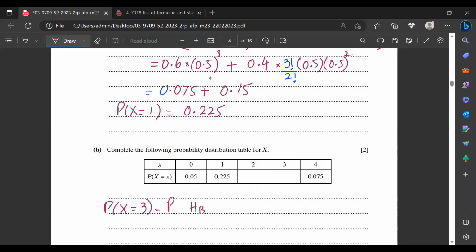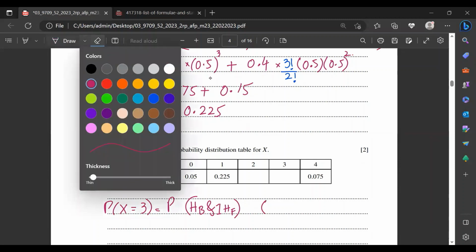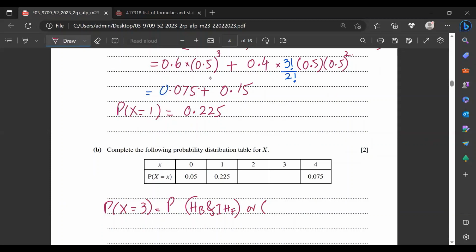So head on the biased and two heads on the fair, or tail on the biased and three heads on the fair, because they want to obtain 3 heads.